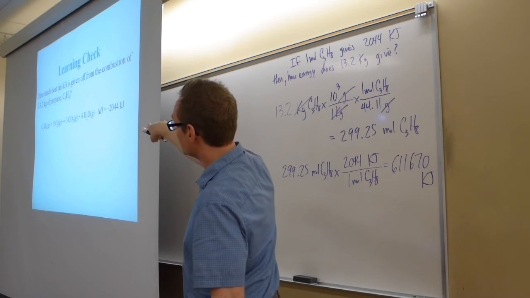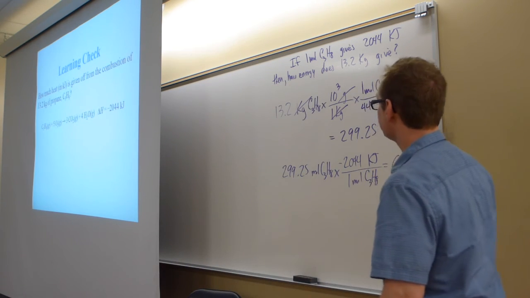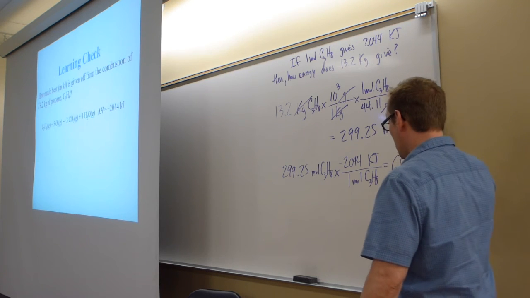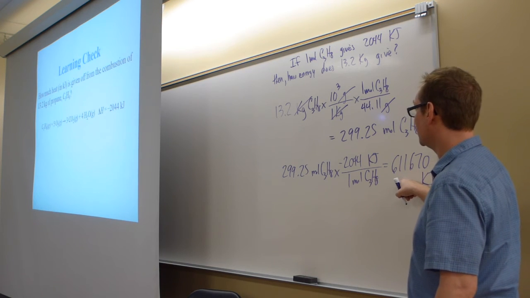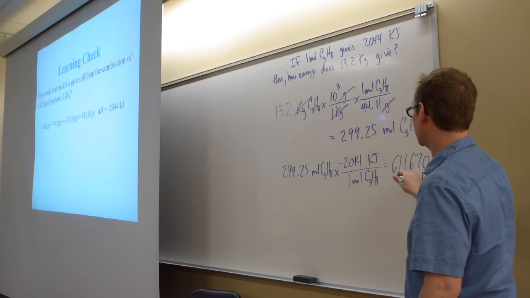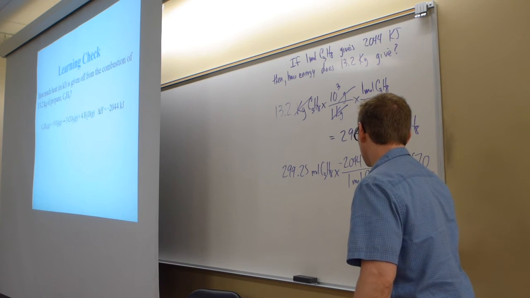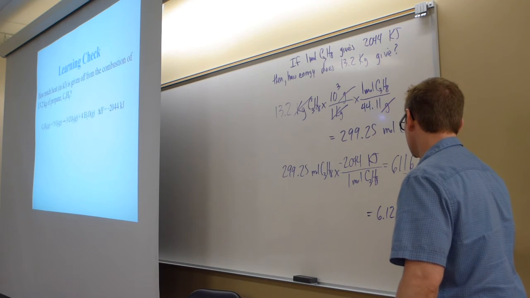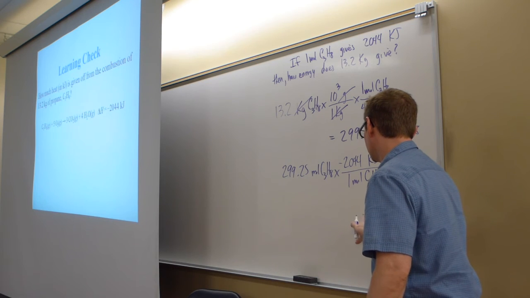So this is a negative sign here, right? How many sig figs do we round this to? It'll be 3 because of 13.2 kilograms. So I'm going to go ahead and rewrite this as 6.12 times 10 to the 5th kilojoules, and it's going to be negative.